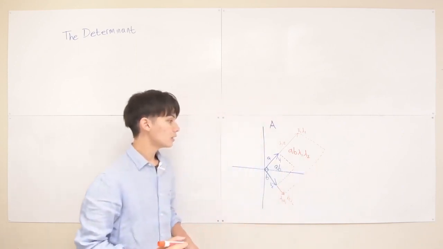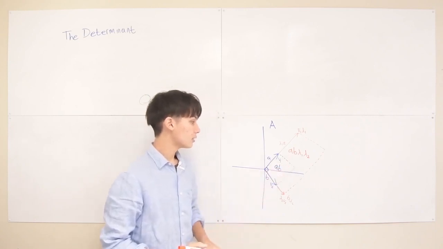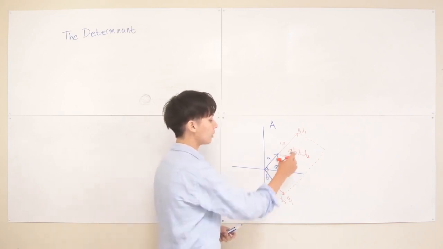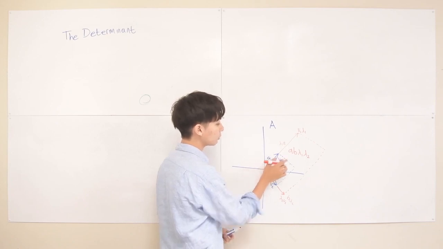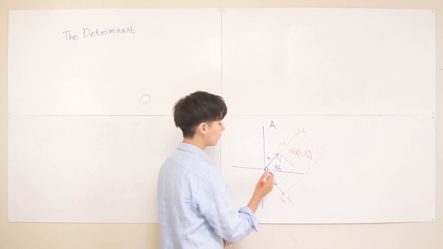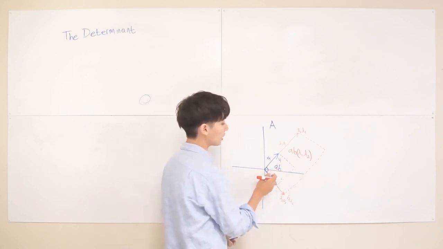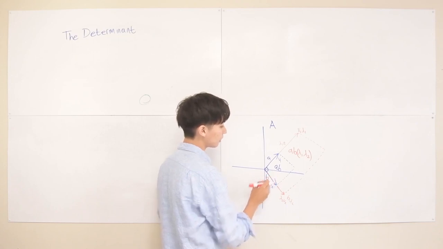Notice we can find the scaling factor of these two areas. This larger area is simply the old area AB multiplied by lambda 1 lambda 2.